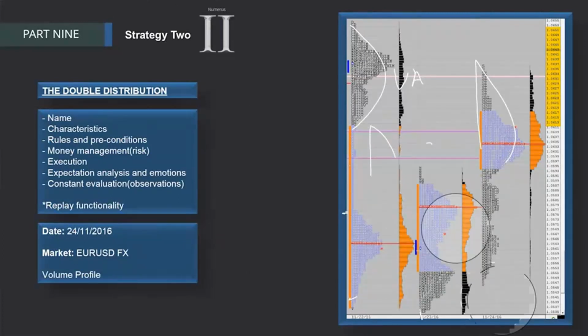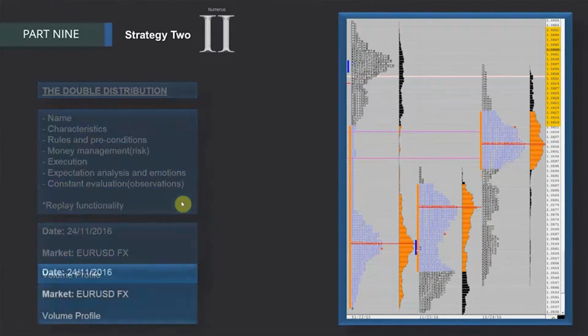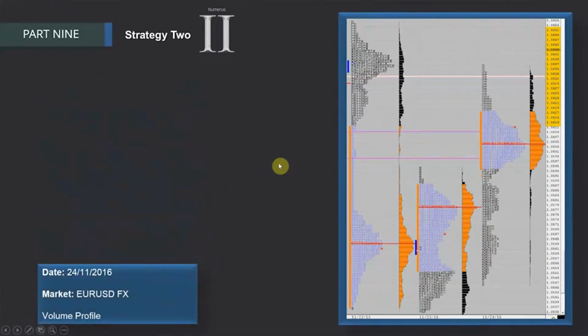Now, let's move to this example and start to discuss some of the characteristics, conditions, execution, and money management you would require. The first thing to understand in terms of the characteristics is obviously we need the 2 dome shapes, the 2 separate high value areas. What we're effectively looking for is once the market has failed the low volume area, so step 1 is when the low volume area begins to fill.